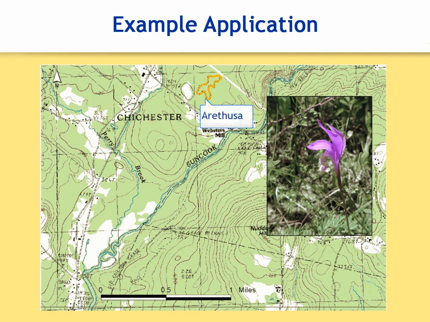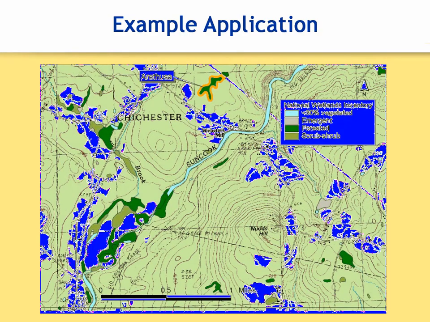The Arethusa, which is an orchid, has a nice squiggly mapped shape. This could have come from someone with a GPS carefully walking the bounds of a population, but there's another possibility. If you check the metadata, you may find out that the shape was copied from the National Wetlands Inventory.